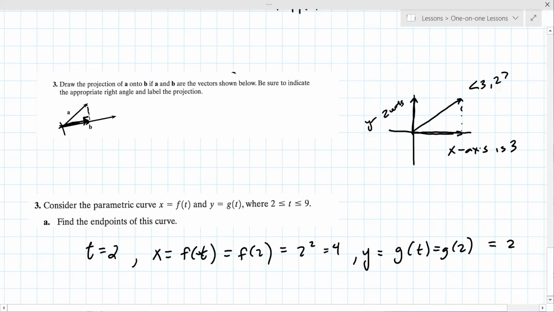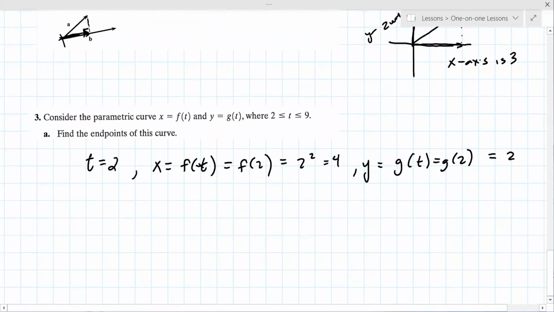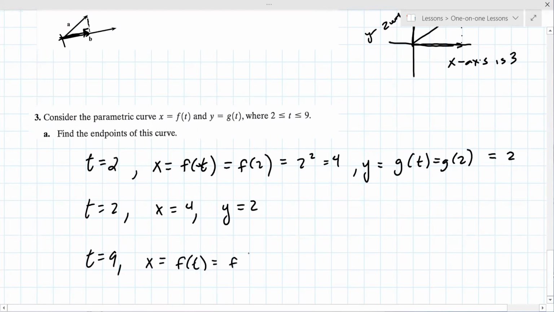So there's a lot of work that goes into that for the first endpoint, but essentially if we were to summarize it, at t equals 2, x equals 4, and y equals 2. And then we try this again at the other endpoint, 9. So then you do x equals f of t, which is f of 9, which is 9 squared, which is 81.